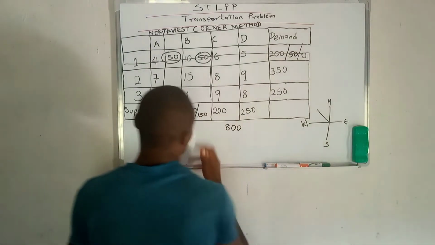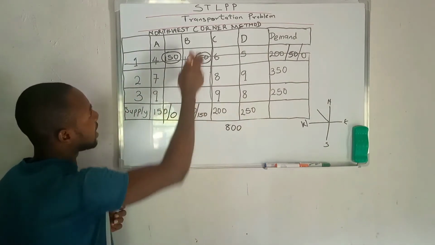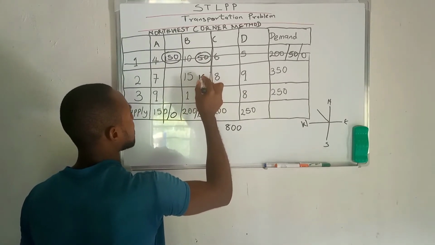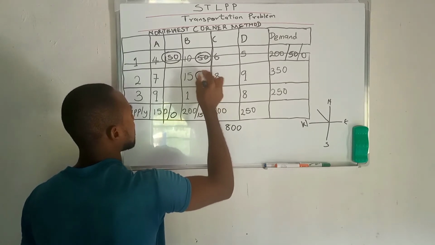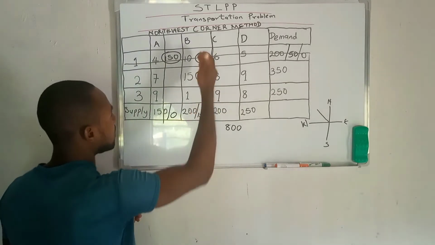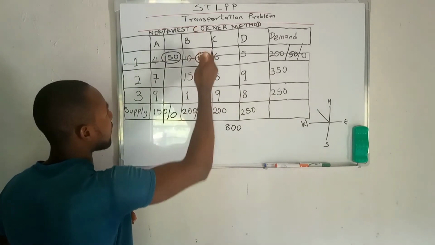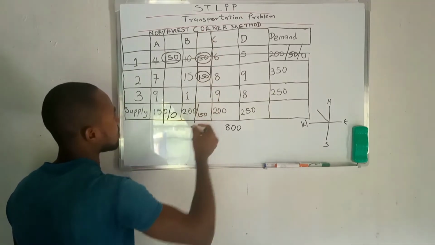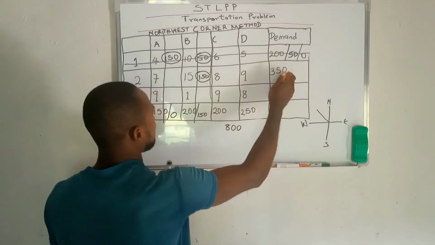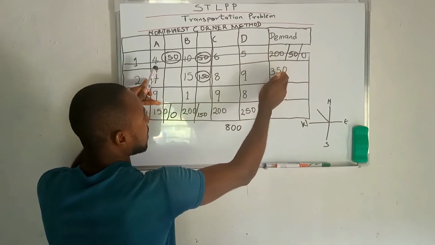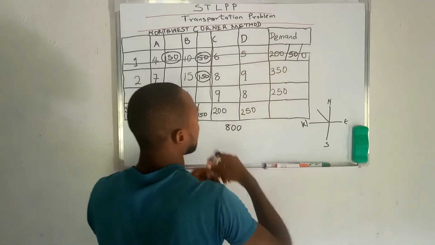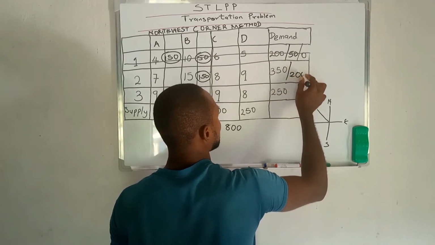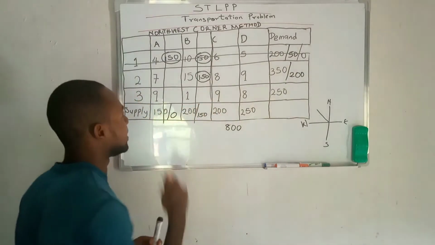So we supply them with the 150 goods that we have in unit B. So we have 150 here, and unit B has already exhausted what they have, which is 200, so we rule that out. After supplying 150 to the second store, they will still have 200 goods that they are demanding.